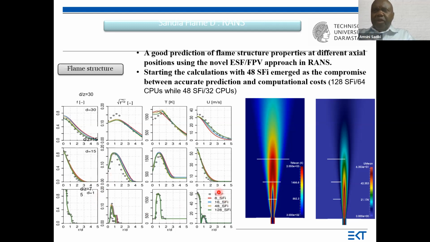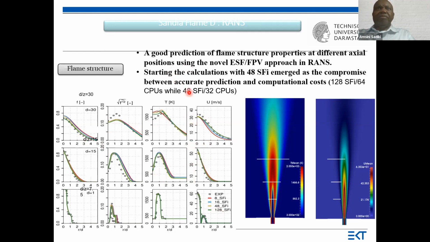We see here the experiment as dots, and the numerical result using different numbers of stochastic fields. We see that with 8 stochastic fields we already get, I can say, correct behavior, but we need more, up to 48 if we look here, and 128 provide really the correct behavior everywhere.